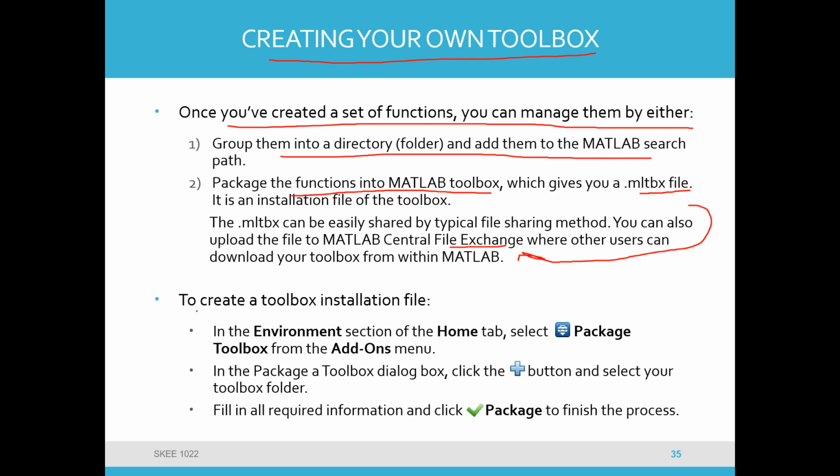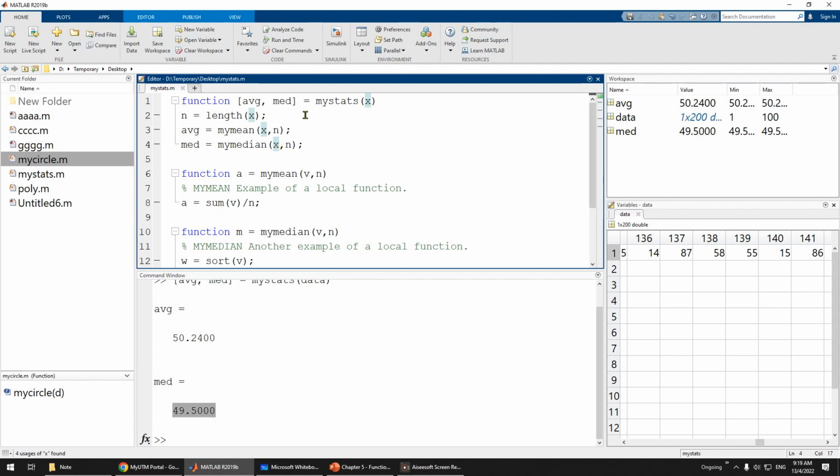How to create a toolbox? Basically in the environment: Home, Package, Toolbox, Add-on. You can just try it on your own. You save the function, for example here you already created a function.